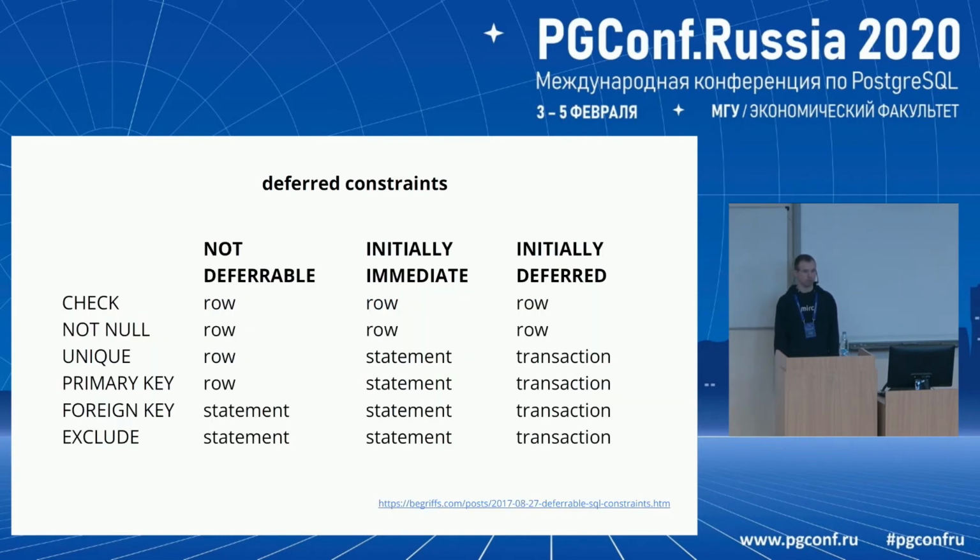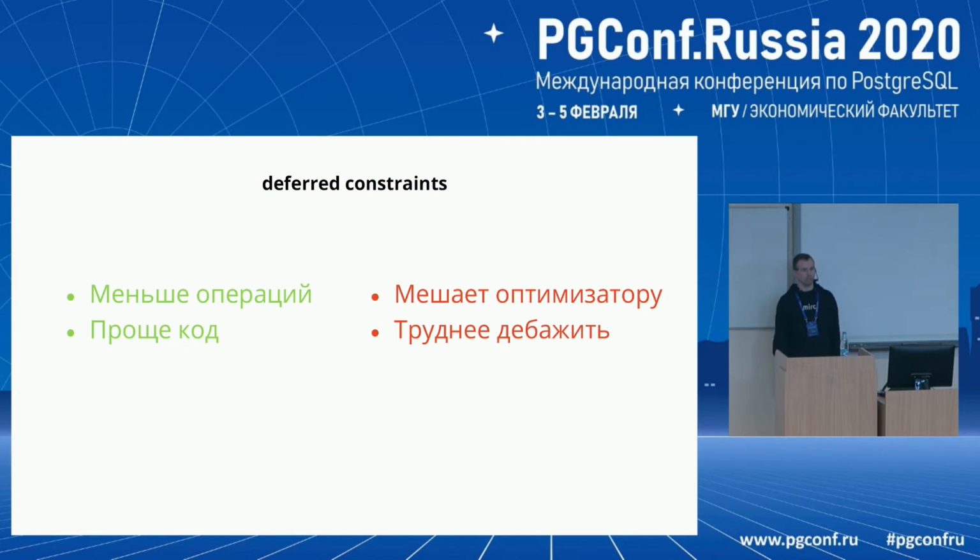Therefore, given the type of constraint, there are three levels of granularity: statement, transaction, and row. Check applies at the row level. For others, there are options. So given a situation, you can get bonuses, just like the code gets more readable. There are fewer commands, but you have to pay for it.